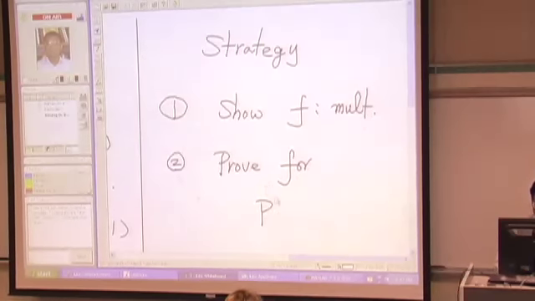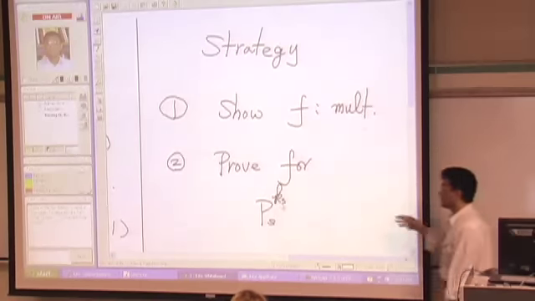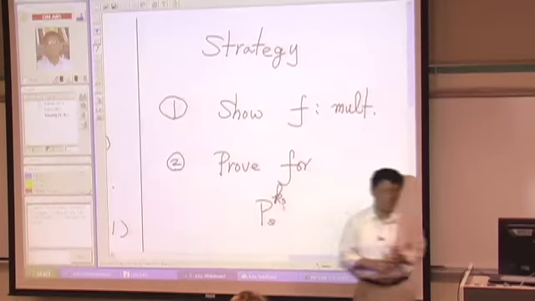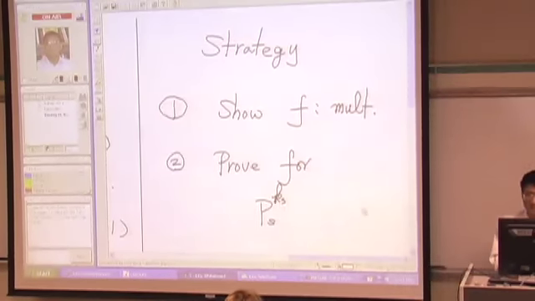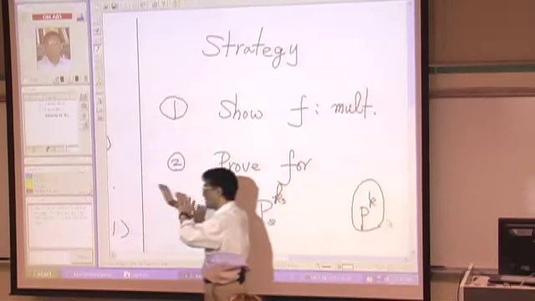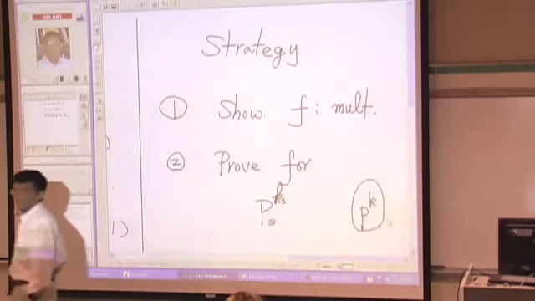Prove the case for p_s to the power of k_s, right? Prove the theorem for p_s^k_s, or if you don't like subscripts, just p to the power of k. This is generally enough, right? Prove the statement for this.